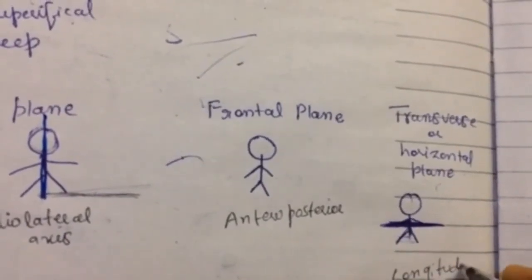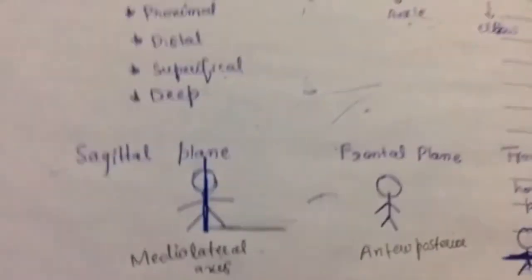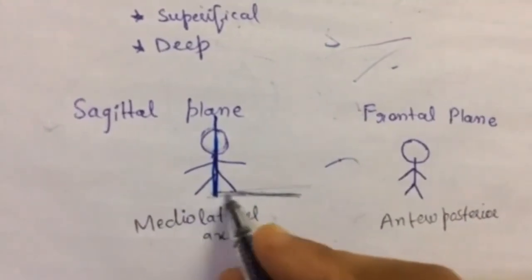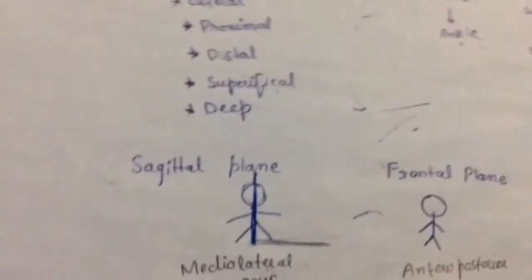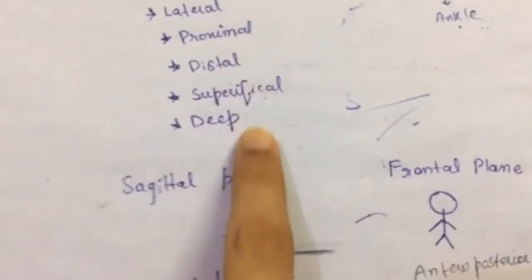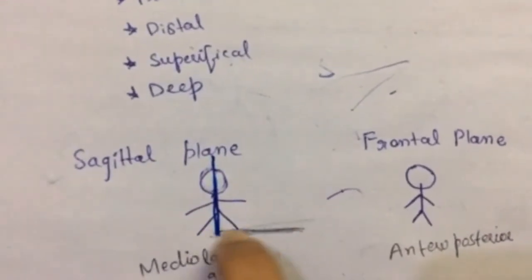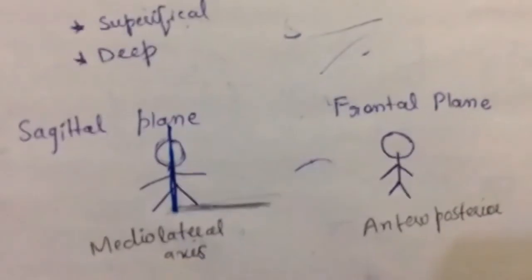The plane is perpendicular to the axis, which makes 90 degrees. In the sagittal plane, the body halves are divided in two, and the axis starts from the medial side and goes to the lateral side.